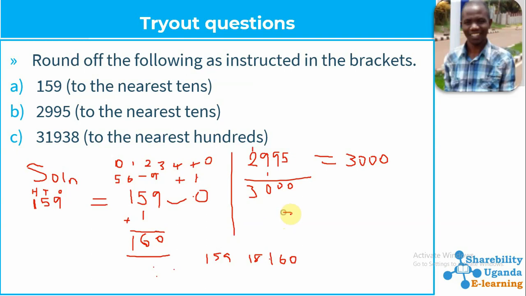So also when you come up to here, we have another number which is given. This number is 3, 1, 9, 3, 8. So we are also rounding off this to hundreds. Okay, so we are saying this is in ones, tens, hundreds. We have our 9 here, which is in what? Hundreds. Okay, so this simply means that we shall also add 1, because our 9 is also in the range of 5, 6, 7, 8 up to 9.